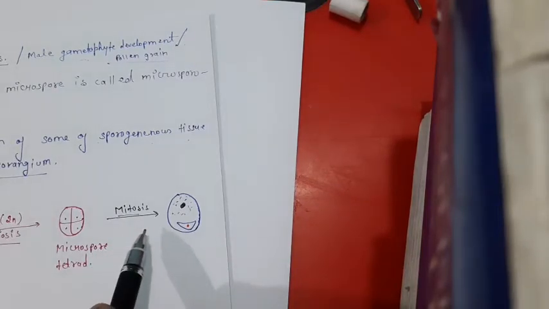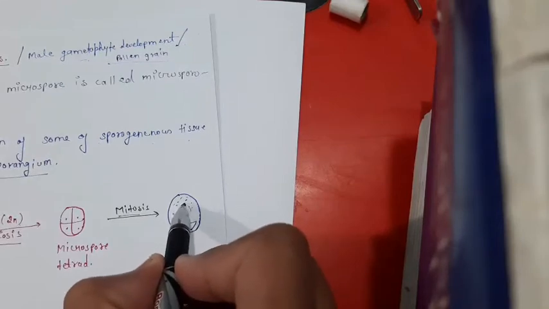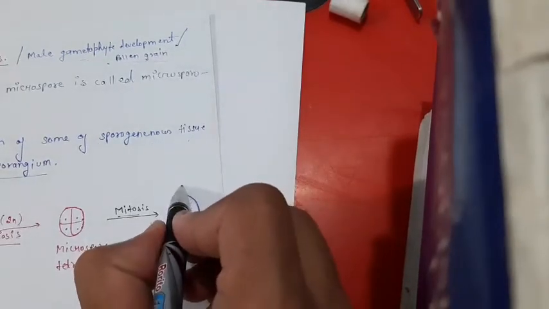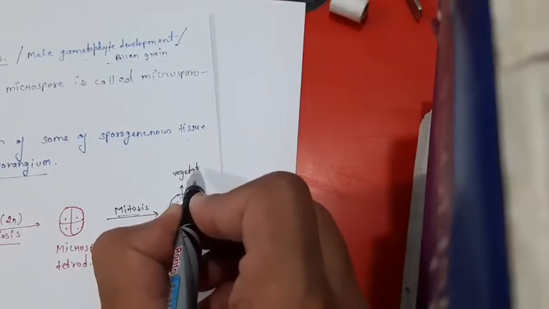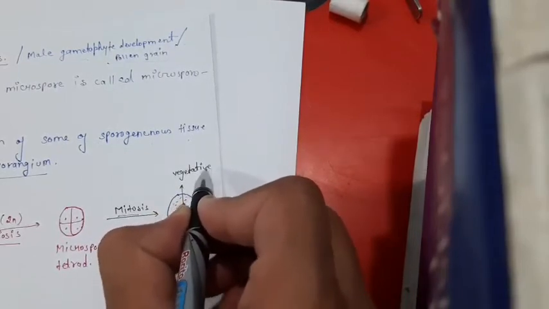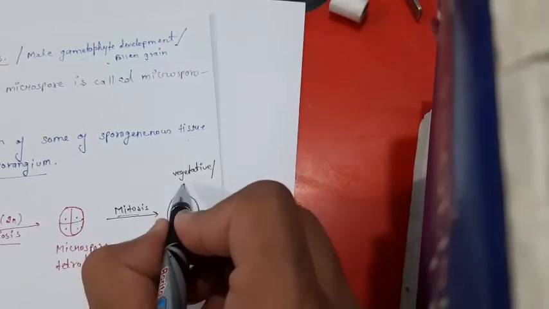So friends, after mitosis what will occur? Here two cells are present. So two cells are formed. This first one is called the vegetative or tube cell, and the second one is the generative cell.